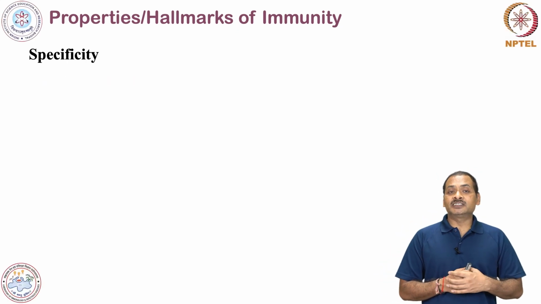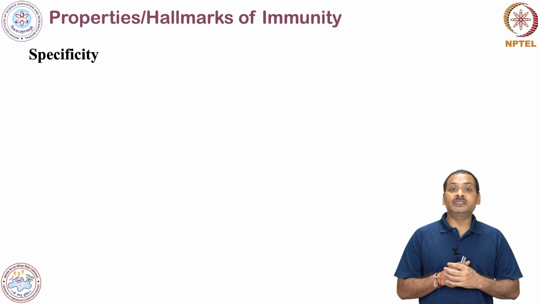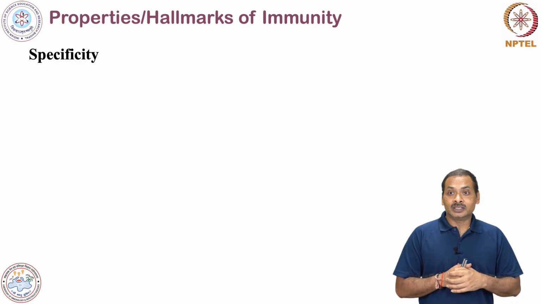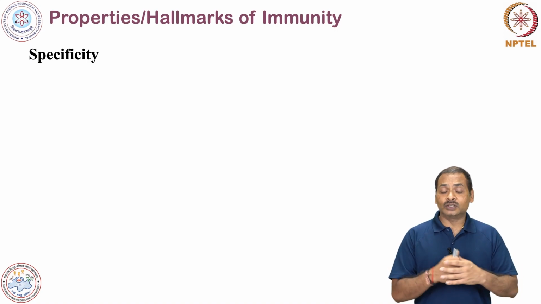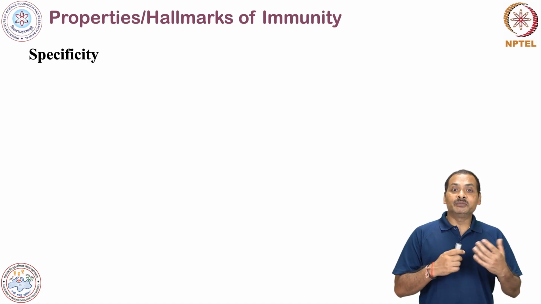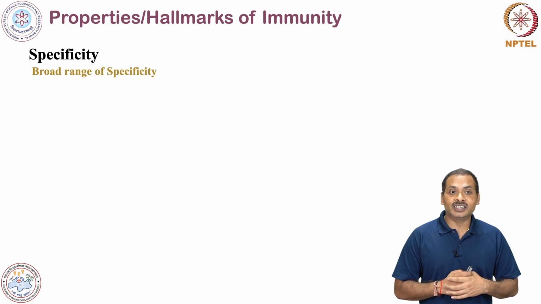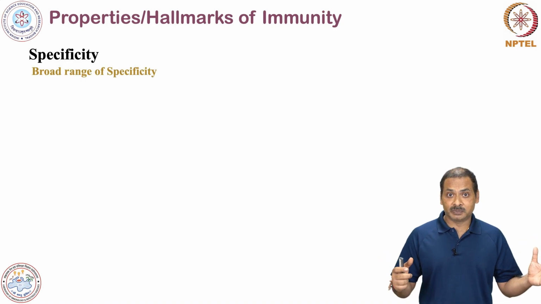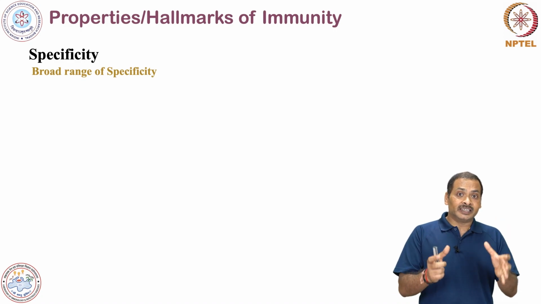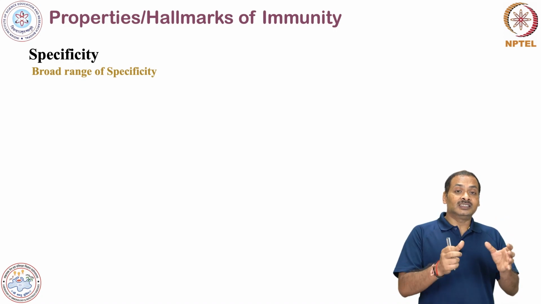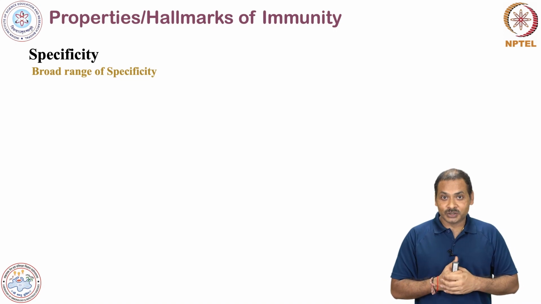Another property is specificity. Specificity is very important for immunity. Our immune system can recognize a broad range of specificity. A broad range of specificity means it can sense a family of molecules.